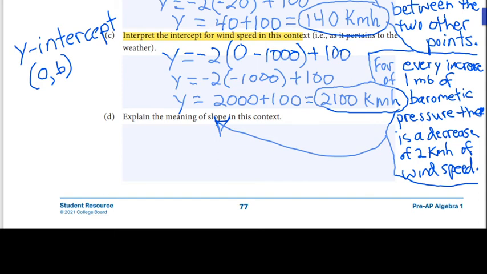Okay? But let me interpret the intercept for you. And so the intercept, remember, intercept is starting point. Okay, so how do I interpret the intercept?